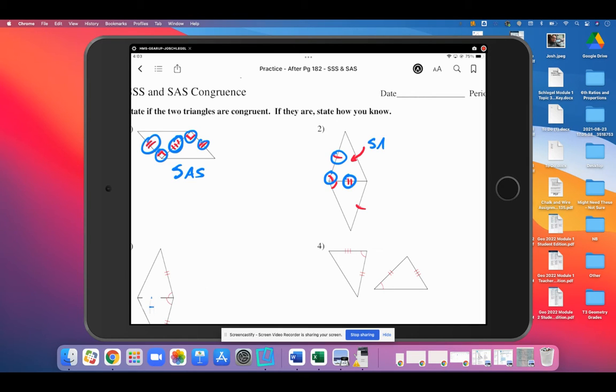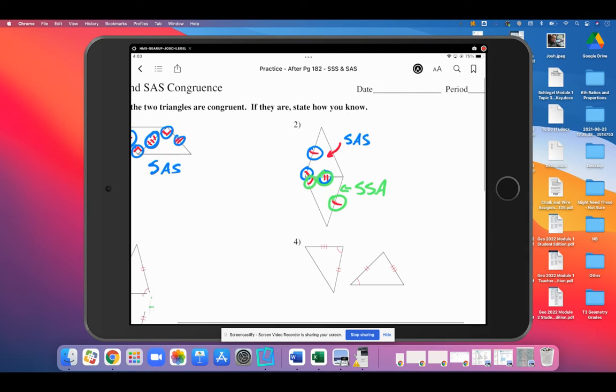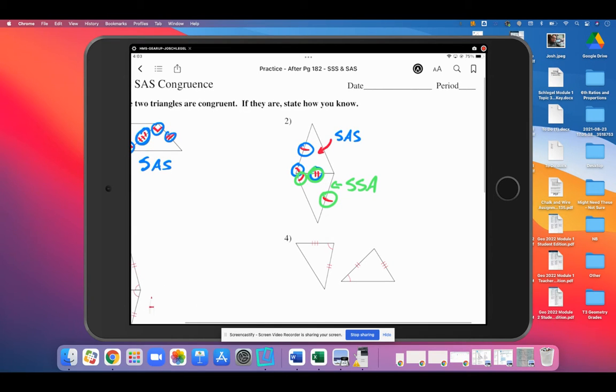So we do have side, angle, side. But if we look at the bottom triangle, we have a side and an angle. And that is not side, angle, side. The angle is not trapped between those two sides. So we cannot say that those triangles are congruent by side, angle, side.